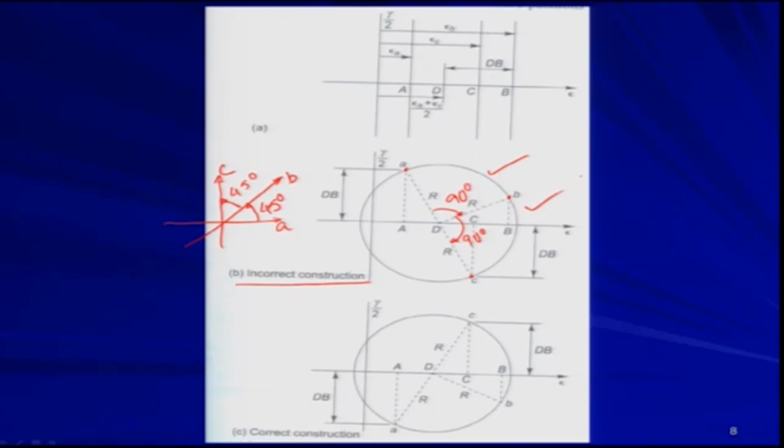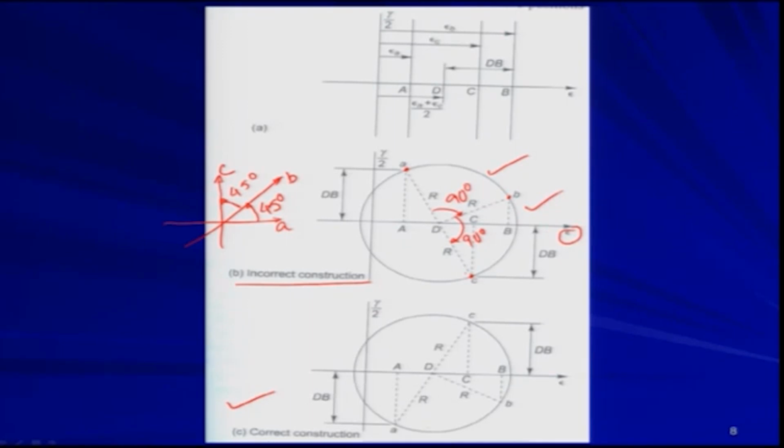Now, what should be the correct construction? Let us talk about that here. So, this is my correct construction. When we laid off point A and point C, we laid off point A above the epsilon axis and point C below the epsilon axis.